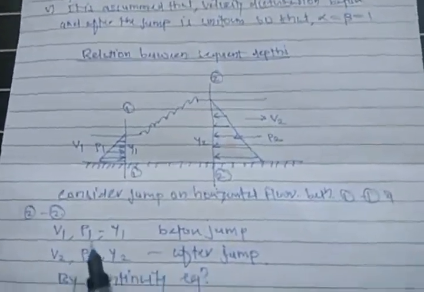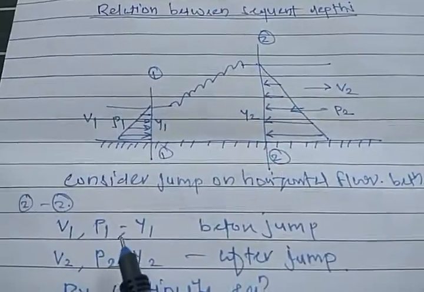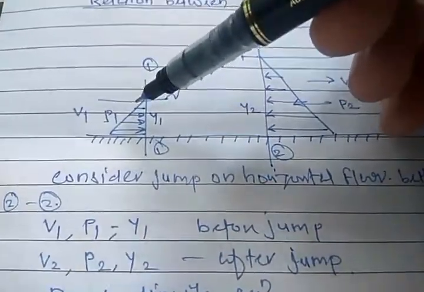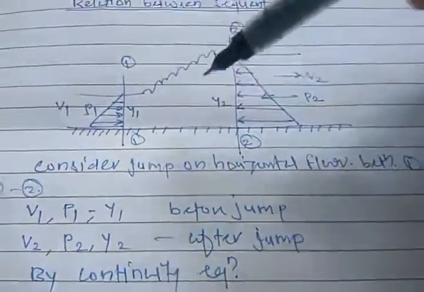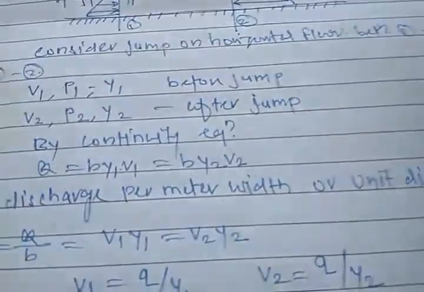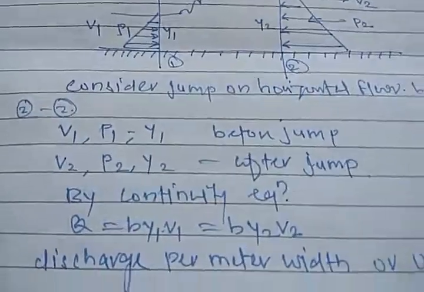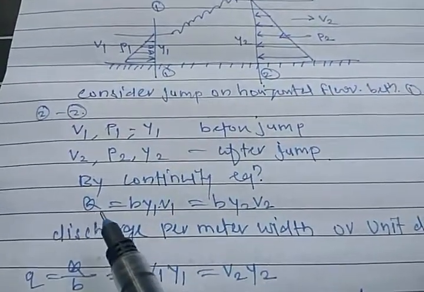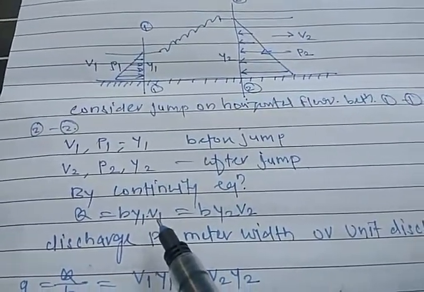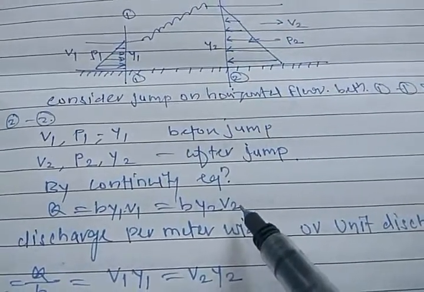P1, Y1 and V1 are the respective quantities, pressure, depth and velocity before the jump, whereas P2, V2 and Y2 are the quantities after the jump. Okay, so by the continuity equation, discharge Q is equal to B1 y1 V1 is equal to B2 y2 V2.